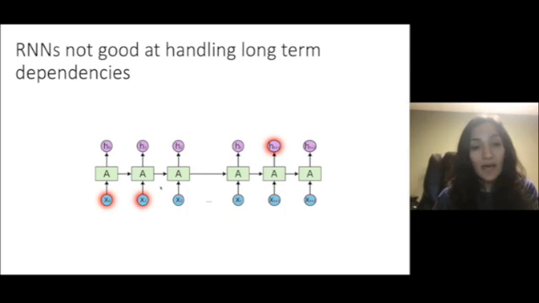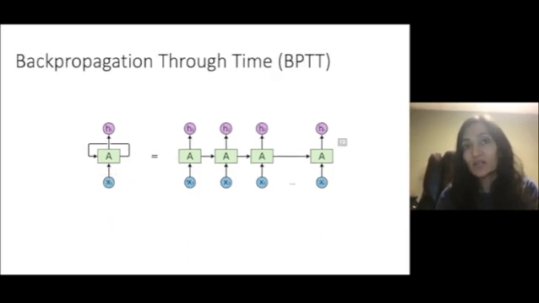But the simple model that I showed, which is called a recurrent neural network, does have some drawbacks. One of its drawbacks is that it's not very good at handling long-term dependencies. In other words, it forgets information which is too far in the distant past. It's a little bit of a vanishing gradient problem because it's too many neural network layers to backpropagate through.